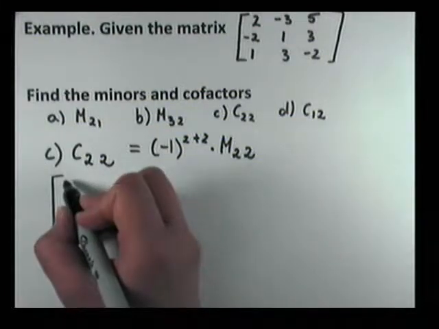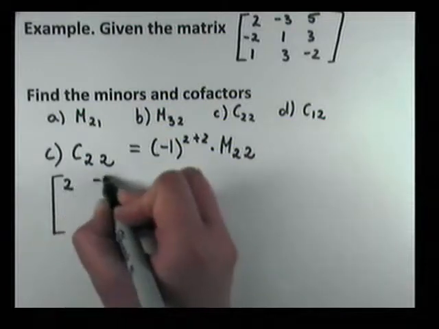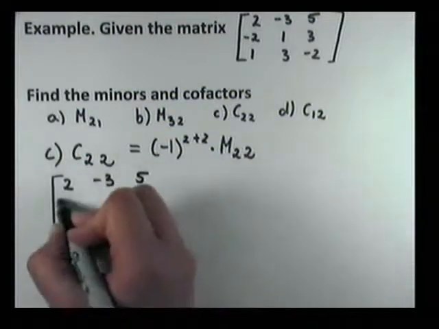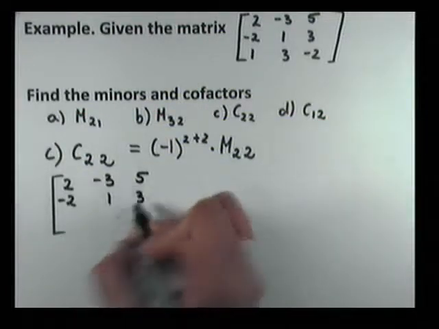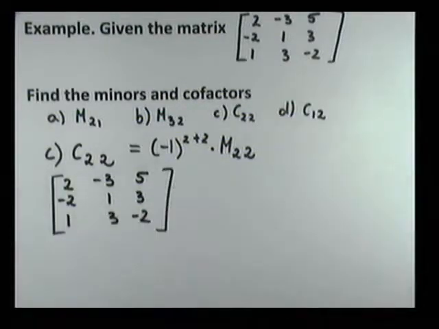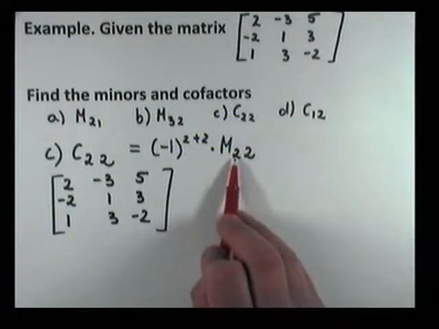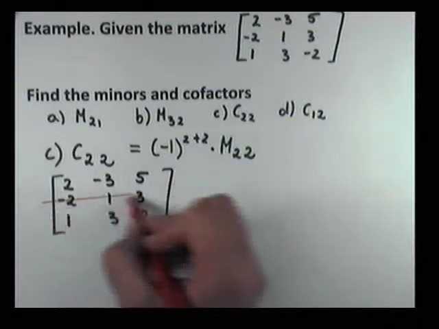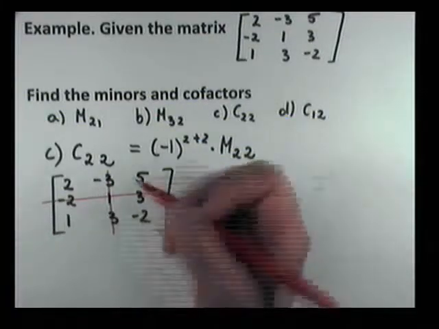Let me copy the matrix: 2, minus 3, 5, minus 2, 1, 3, 1, 3, and minus 2. We need to find the minor 2,2, which means delete the second row, second column.